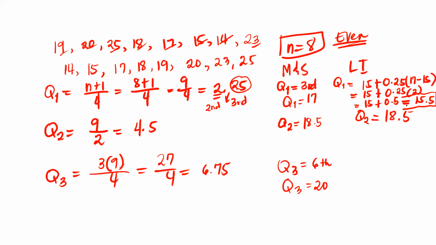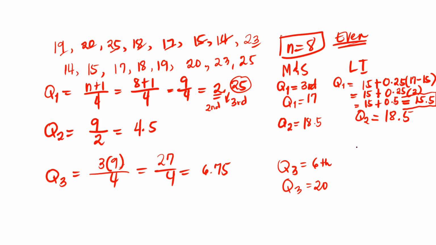Kaya, pati yung nasa isip ko, nasasabi ko, first quadrant. It should be first quartile. So, our first quartile is 15.5. Very accurate siya at malayo siya dun sa answer natin sa Mendenhall, which is 17. Diba?